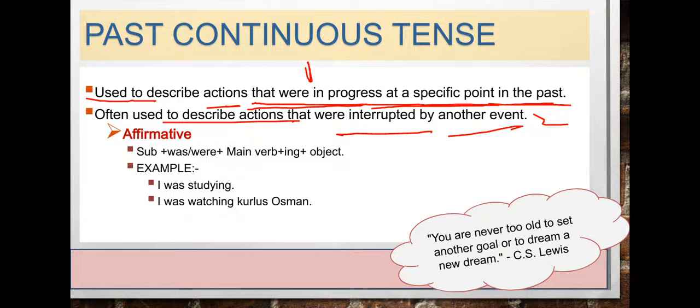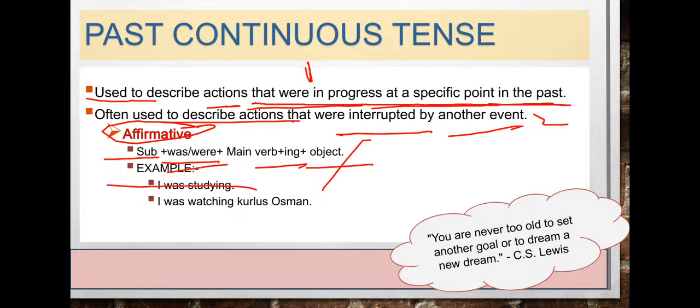Let's get into its affirmative. We have subject plus was/were. Like the past simple has some exceptional cases where we are not using a helping verb in its affirmative version, but in past continuous, perfect and perfect continuous we have to use the helping verb in affirmative as well, and then the fourth form of the main verb and object or complement or something like that.